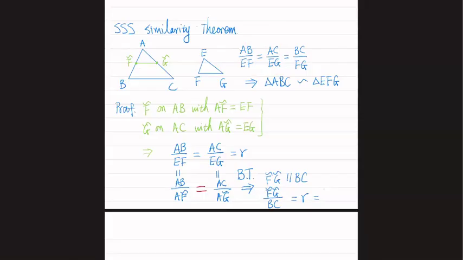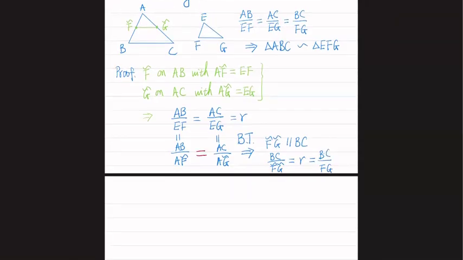Okay, so let me correct this. I reverse the numerator and denominator this time. So it will be BC over FG equals R. So from there, we conclude the two denominators.